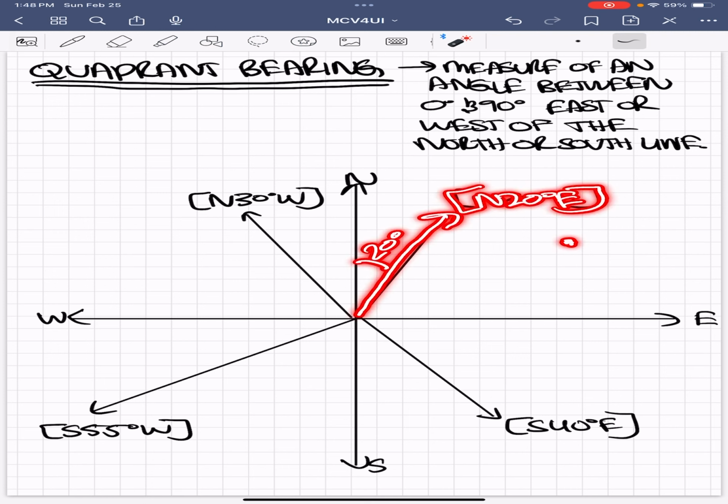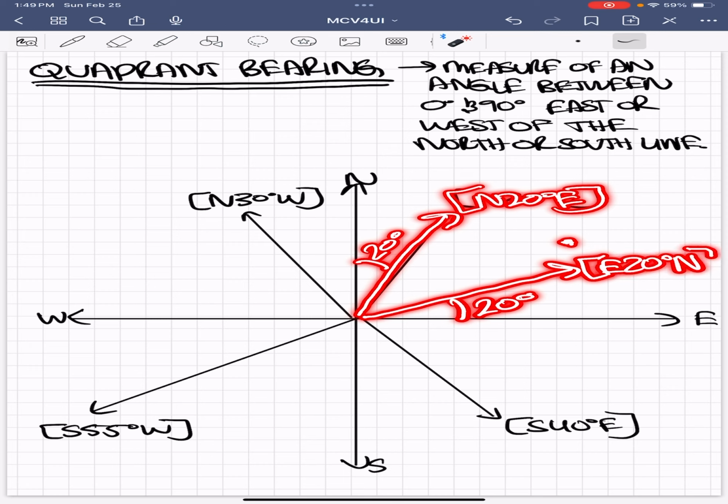See, I'm going to show you something. So it's north 20 degrees east. If I had this line and it was 20 degrees here, then it would be east 20 degrees north.